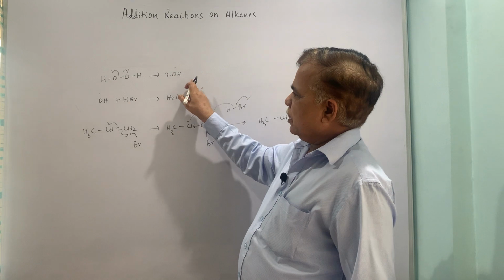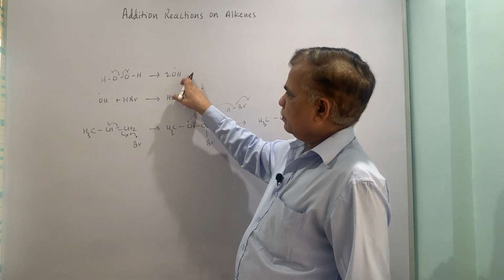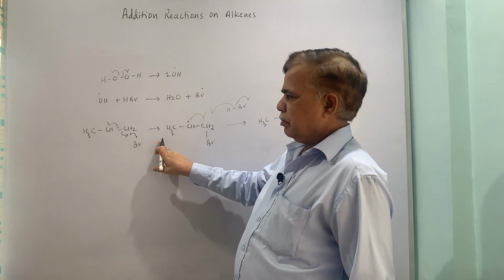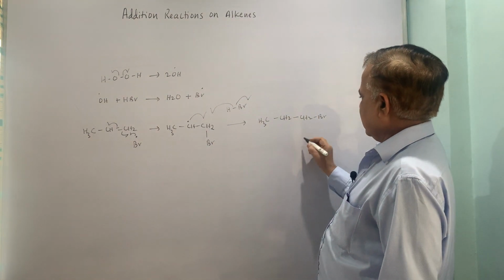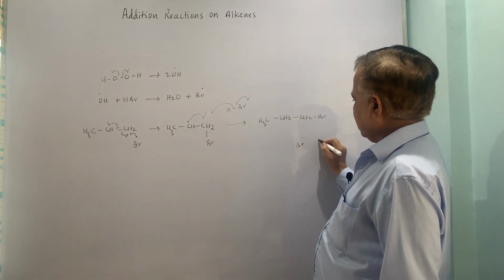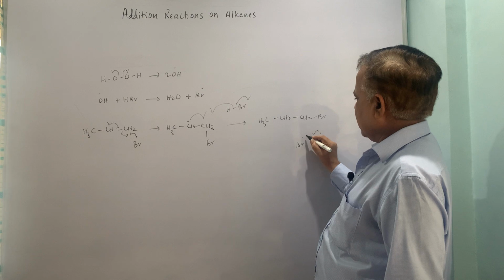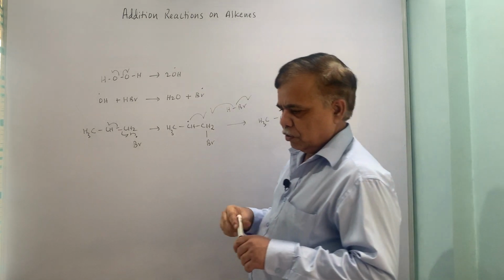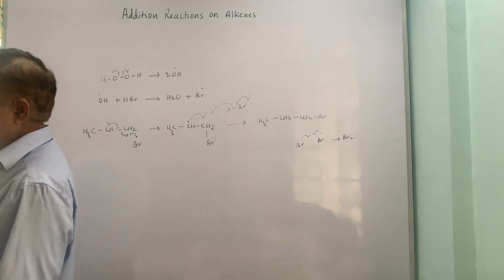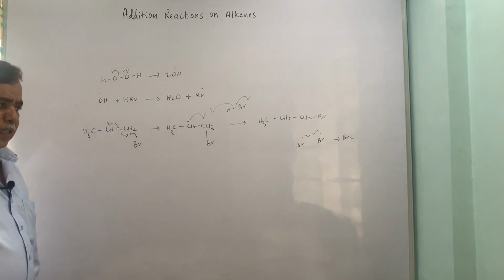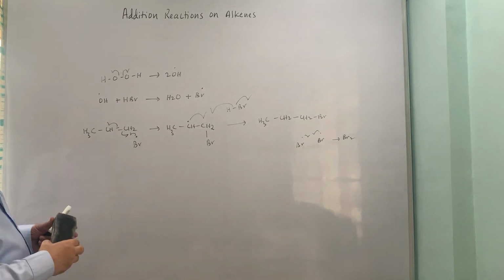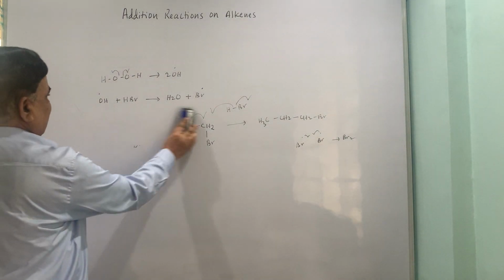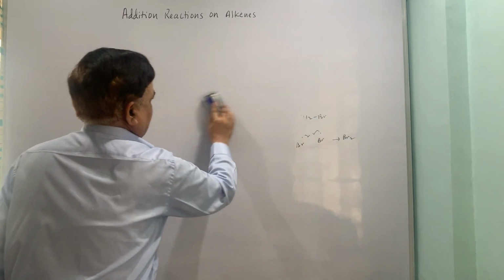So this is chain initiation step, this is chain propagation step, and the Br dot to Br dot combines and forms bromine, that is chain termination step. So three steps are there: chain initiation, chain propagation, and chain termination. So this is the peculiar characteristic of the radical reaction.